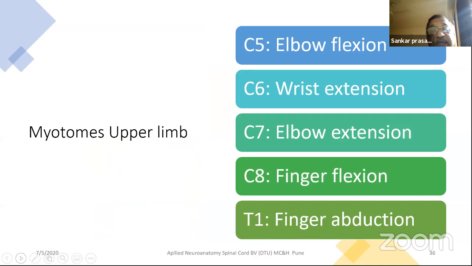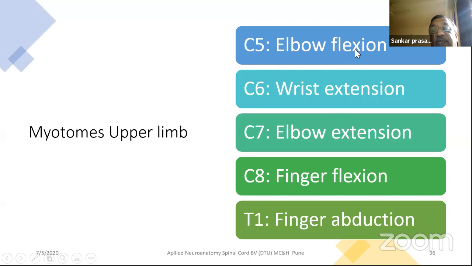I will not go into details of muscle supply, but the functions at various joints you can establish: elbow flexion is C5, wrist extension is C6, elbow extension is C7, finger flexion is C8, and finger abduction is T1.